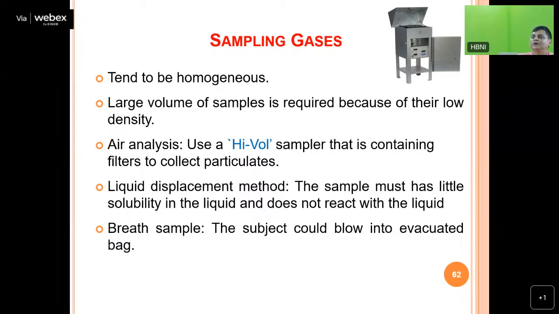PM10 samplers are cyclonic based air samplers. PM10 means there is a classifier filter paper for the particles which are less than 10 microns. I do not know how many of you are dealing with environmental chemistry. You have seen in various news items that nowadays we talk about PM10 or PM2.5, the concentration of these particles.